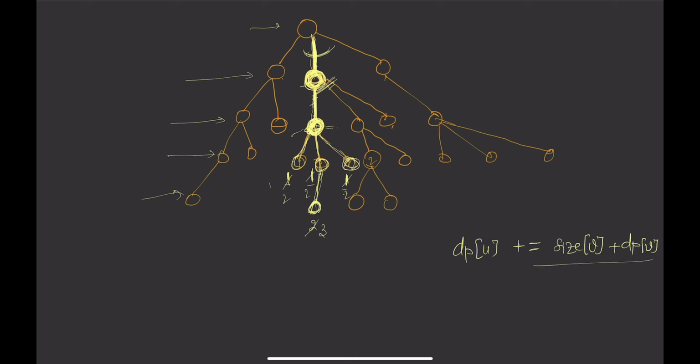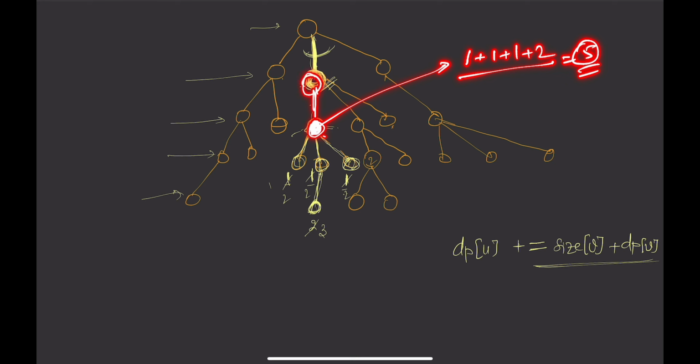Is it so? Yeah, I think so. Let's write the dp value of this node. How much is this? 1 plus 1 plus 1 plus 2, so 3 plus 2 is 5. So this one has a dp value of 5.